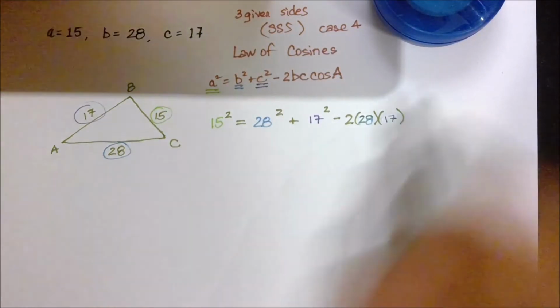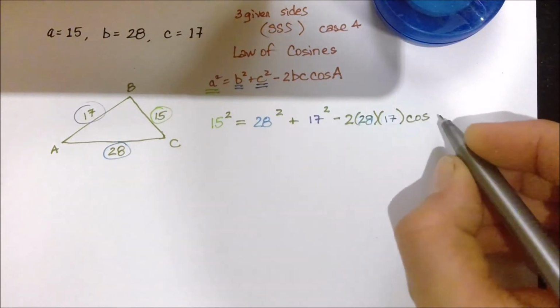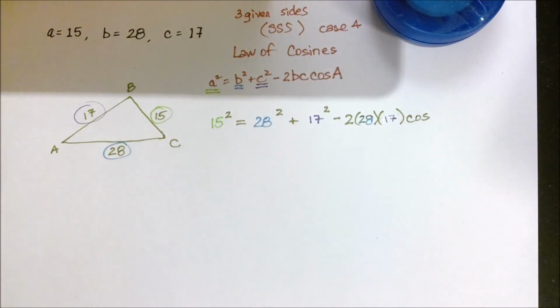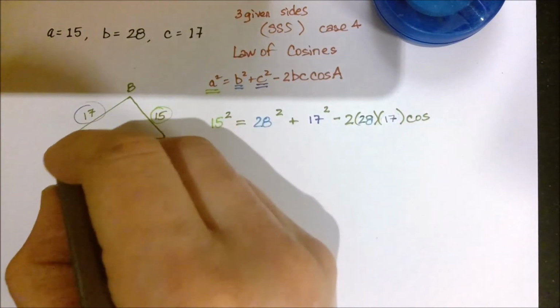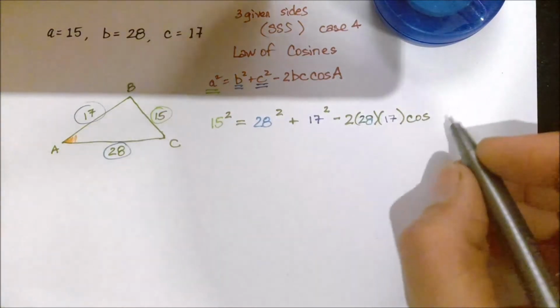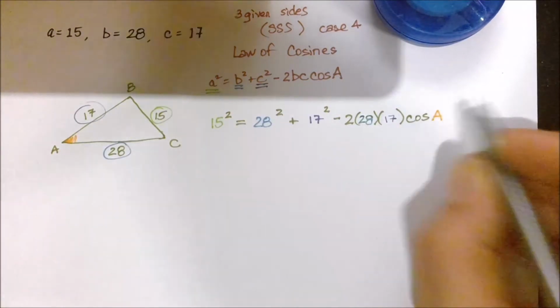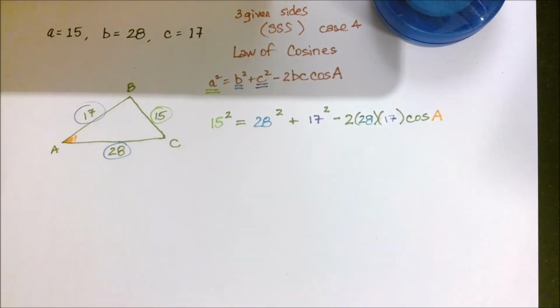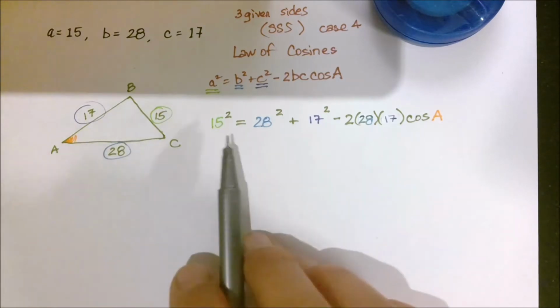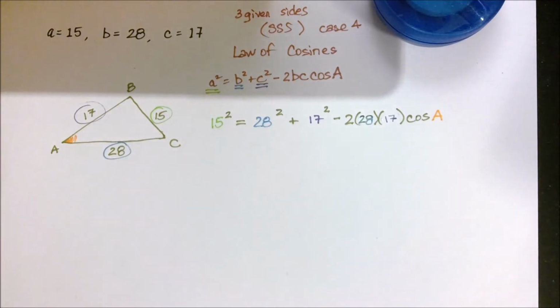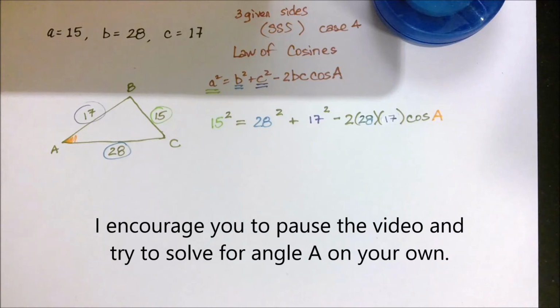And that's times the cosine of angle A. And that's the one we don't know, right? I'm going to put that right here. Times the cosine of angle A. Now, if you notice all of this stuff, we have everything filled out except for angle A. And we should be able to just use our calculator to finish this thing off.